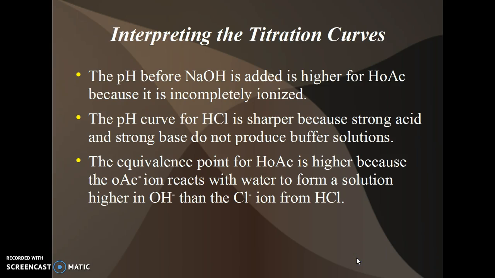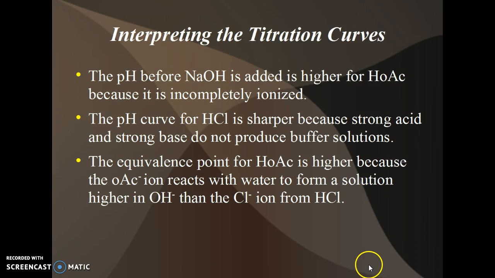The equivalence point for the acetic acid is higher because when you react acetic acid with sodium hydroxide, you get acetate ion, and acetate ion hydrolyzes. That is, it reacts with the water, tugs a hydrogen ion in large numbers away from the water molecule, leaving hydroxide ion.